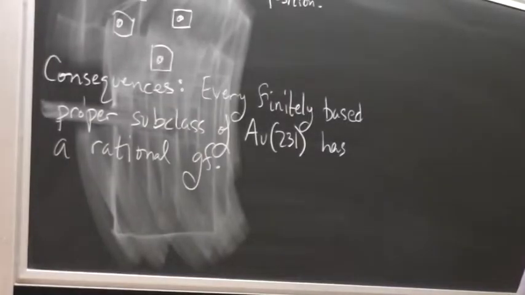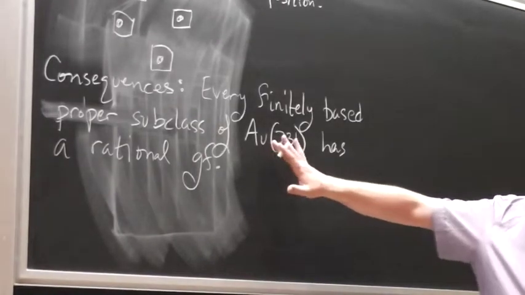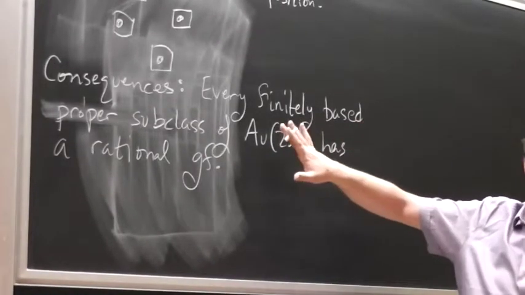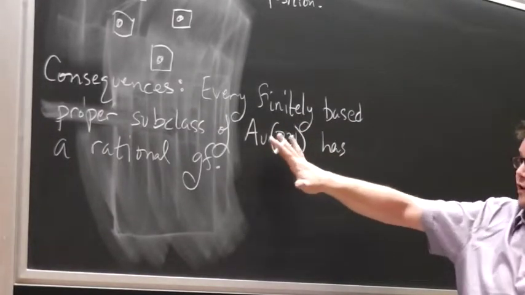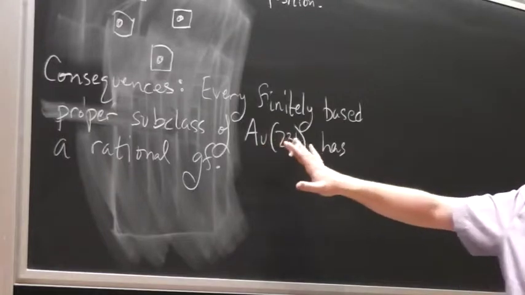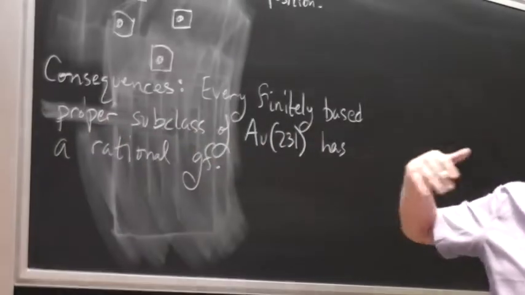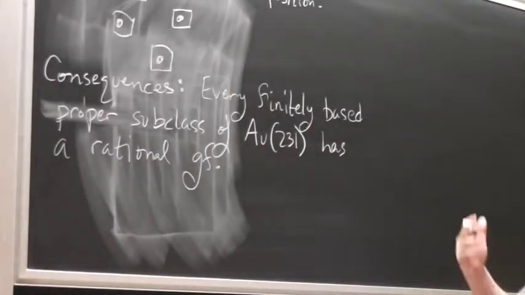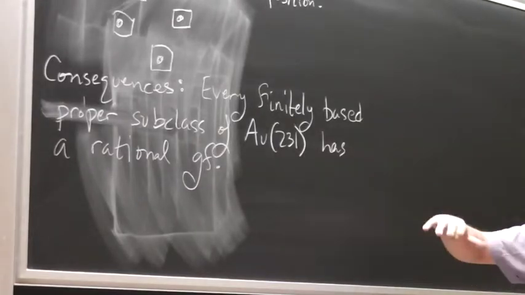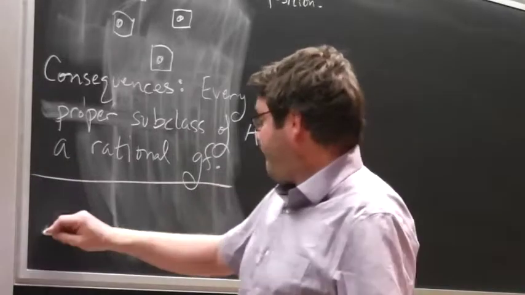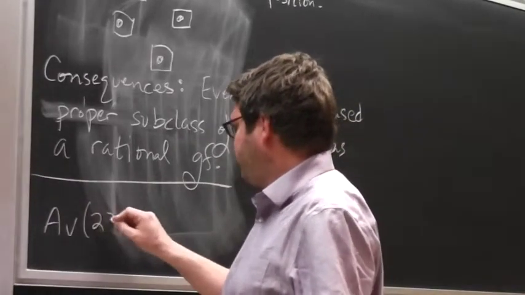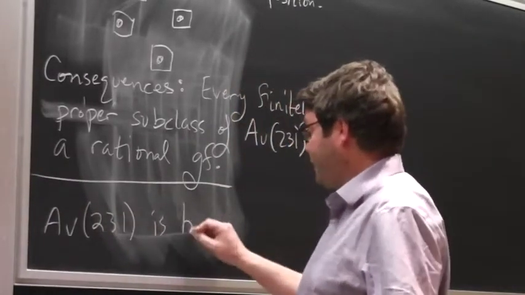Okay, and this is interesting because the 2, 3, 1 avoiders by themselves are counted by the Catalan numbers. So they have an algebraic generating function, a non-rational generating function. But then if you take any proper subclass, so that means you're adding at least one more restriction, you drop out of algebraic into rational. So one way to think about this might be that AV231 is barely non-rational.